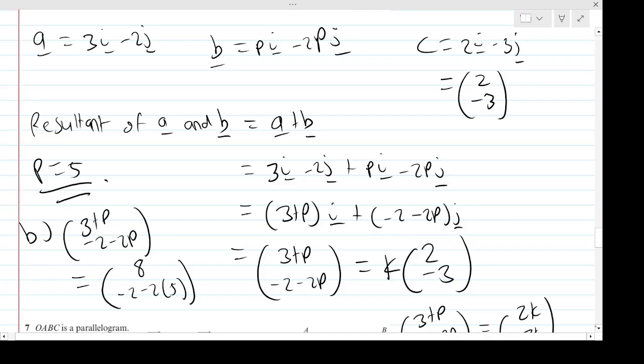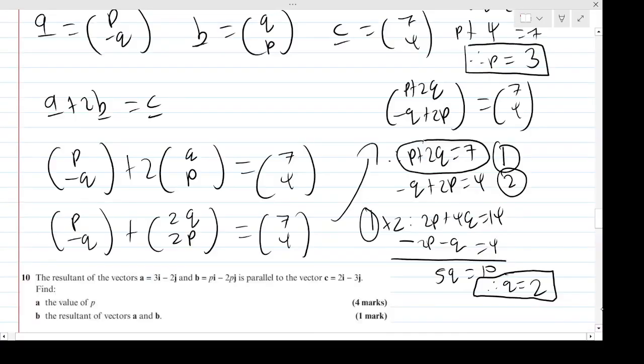So that's going to be minus 12, right? And there we are. 8 minus 12 is the resultant vector there. Okay? I'll make a note of that. Cool. So there we are.